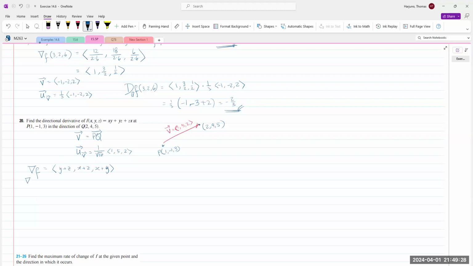So the gradient of f at coordinate (1, -1, 3) will be (y+z, x+z, x+y), which is (2, 4, 0).